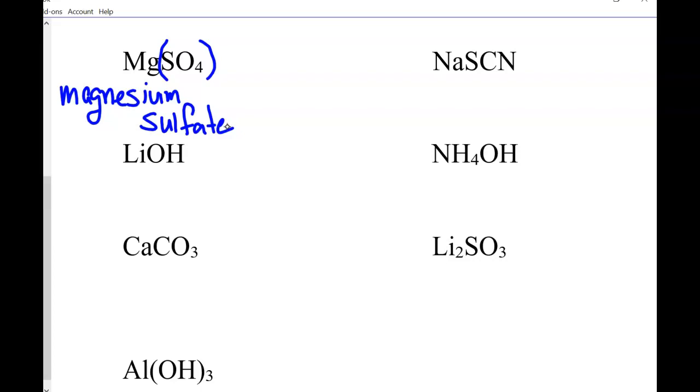All right, so let's do this next one, NaSCN. Which elements here make up the polyatomic ion? You got it, it's SCN. All right, wonderful. So Na is the symbol for sodium. Oopsie, why isn't this working?